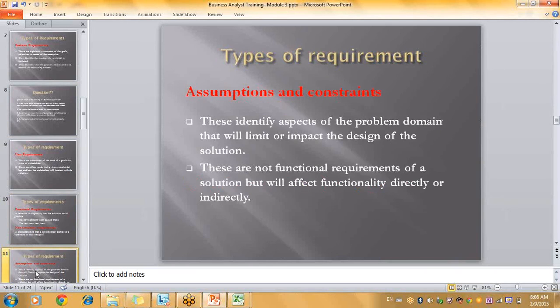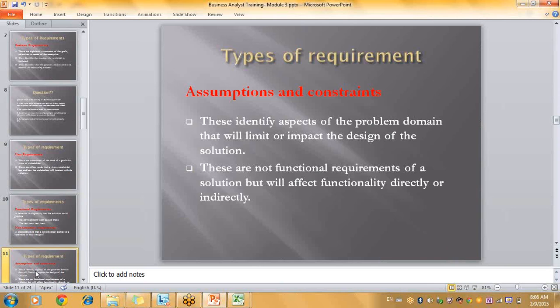Now we will see what assumptions and constraints are. What do you mean by assumptions and what do you mean by constraints? Once we start a project, we identify some conditions which we take as true. For example, when I have a business requirement to implement a website, I will assume for my project that the end users who will be using the website have internet access, right?